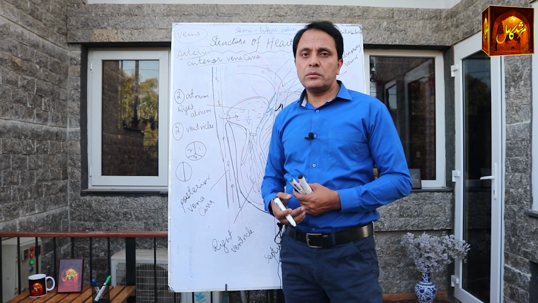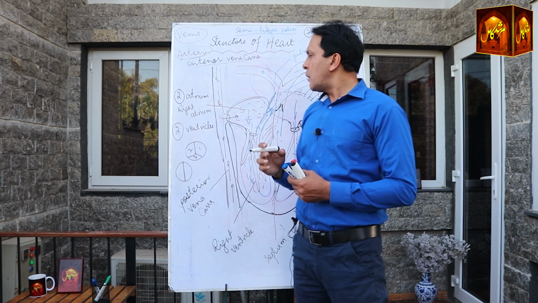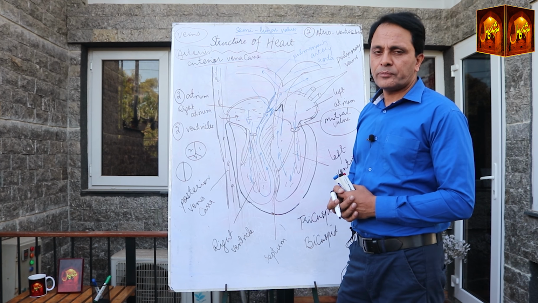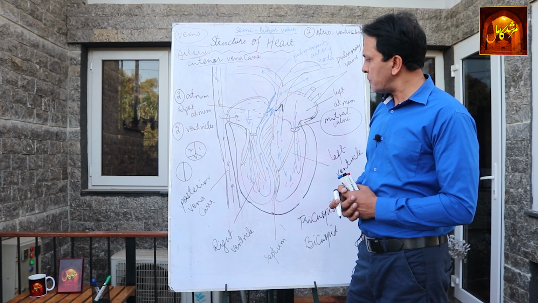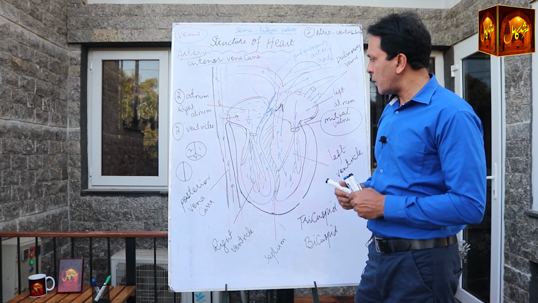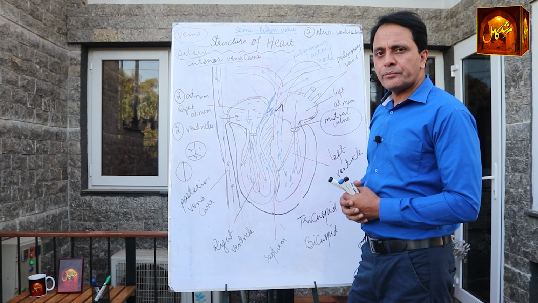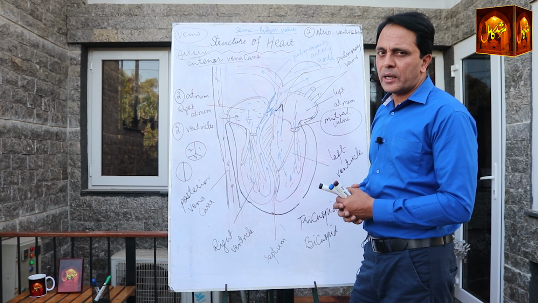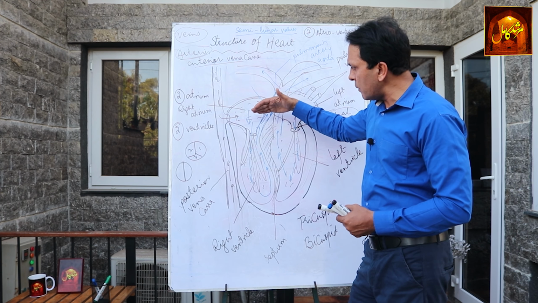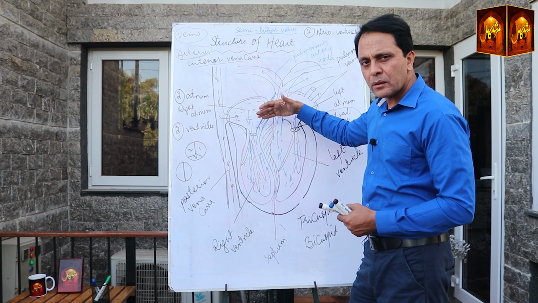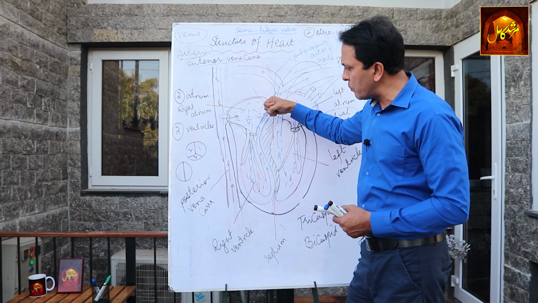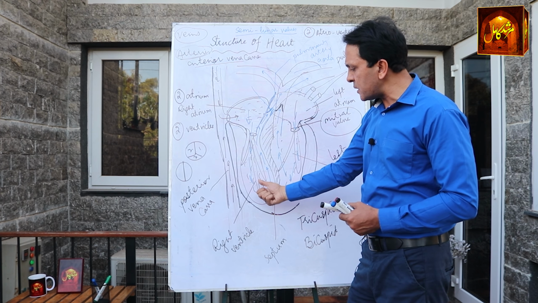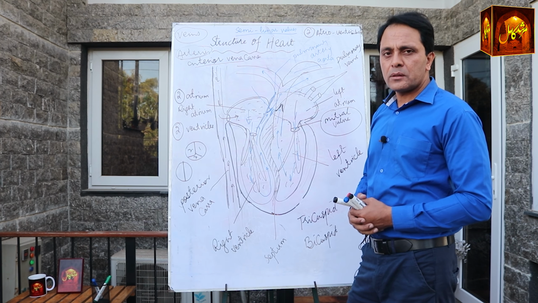Let me tell you why we have these four valves in the heart. The main reason: have you observed, there is a rhythm in the contraction and relaxation of the heart. When the atrium contracts, we will not experience this in our ventricles.